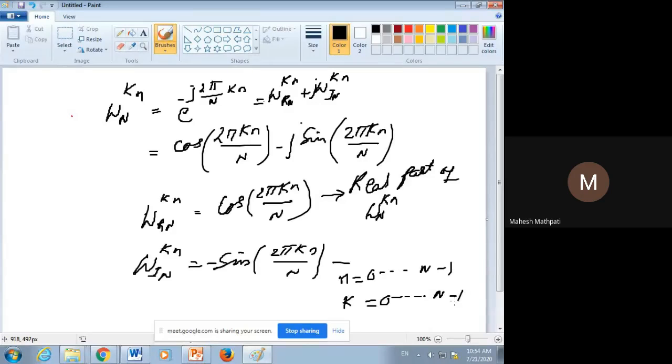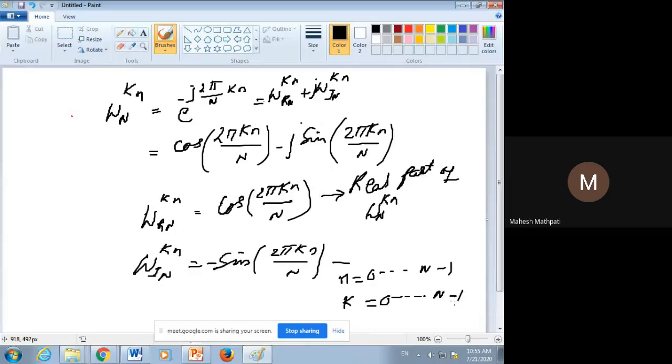small n varies from 0 to N minus 1, and hence W_N to the power kn takes N different values, that is capital N different values.